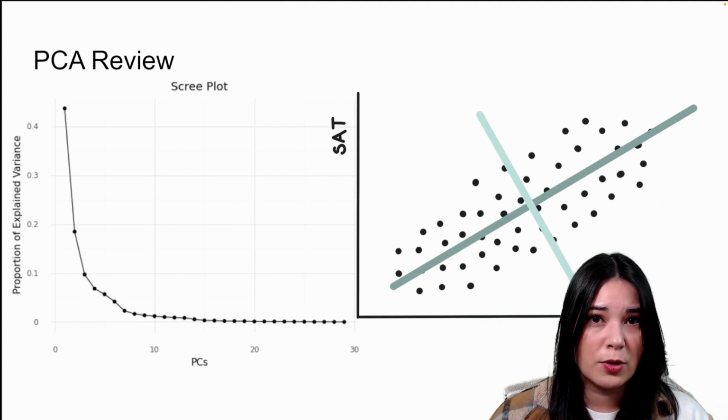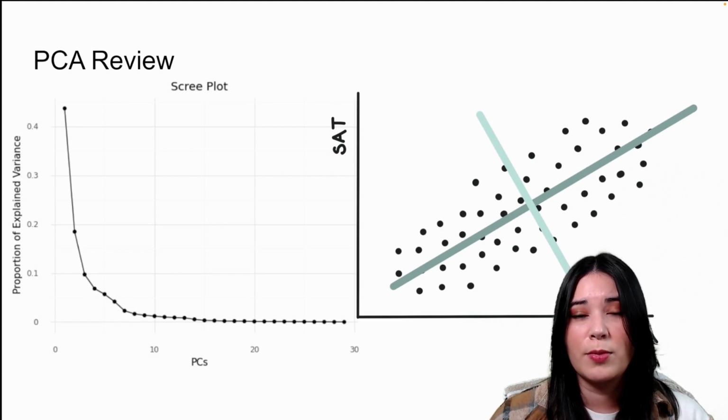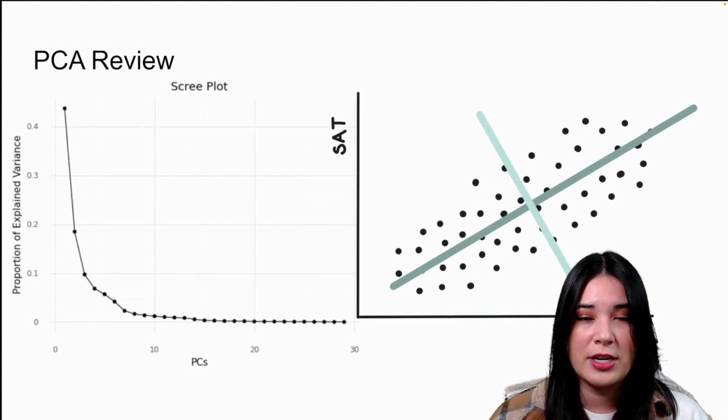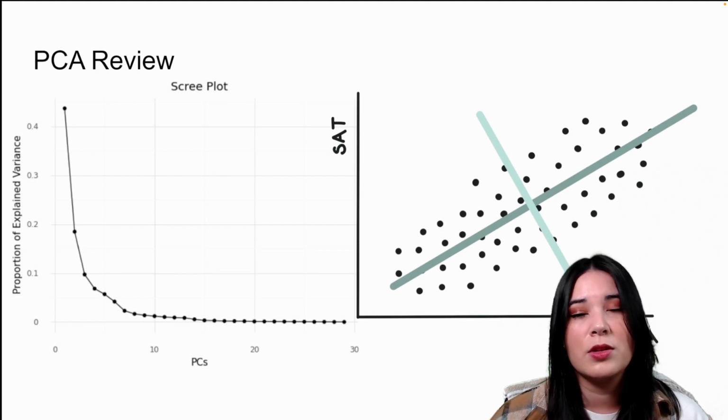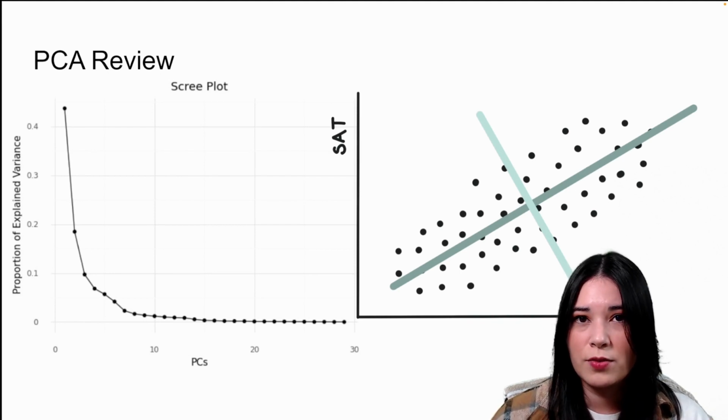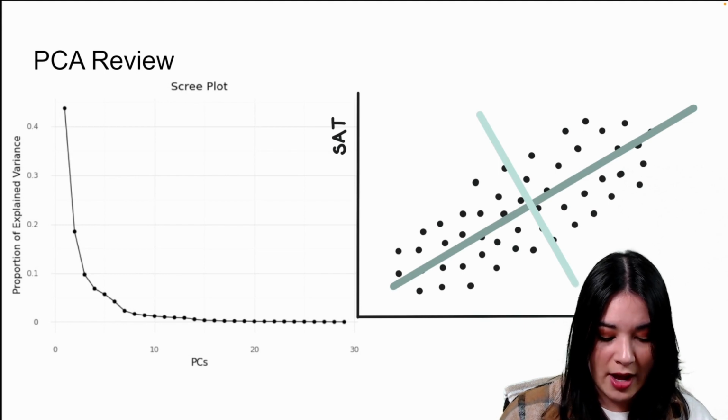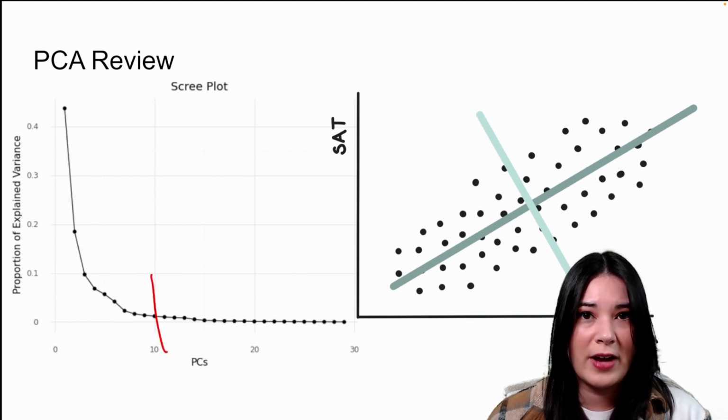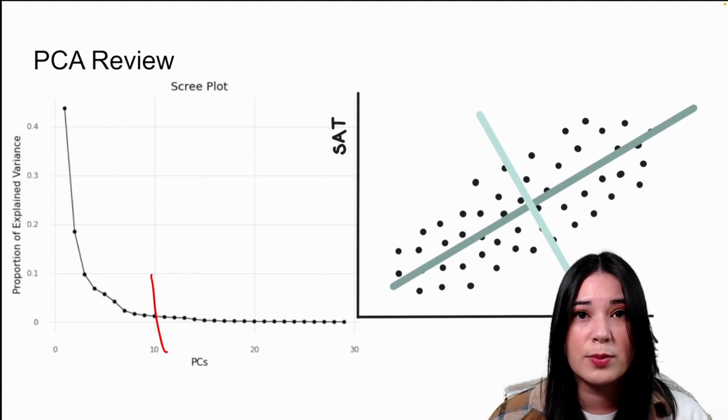For example, in principal component analysis, the first principal component is going to explain the most variation, the second most, the third most, and so on and so forth. This allows us to create a cutoff point where we only take the first 5, 10, or n principal components.